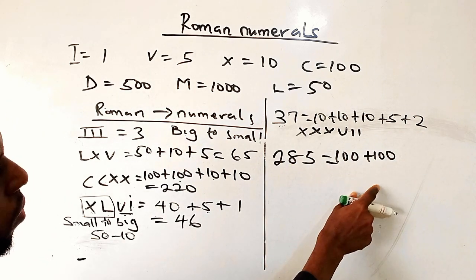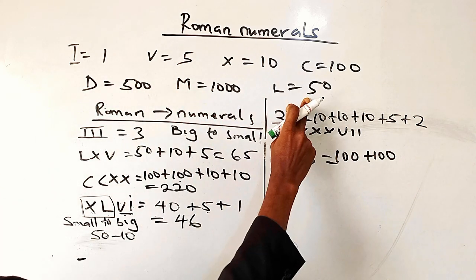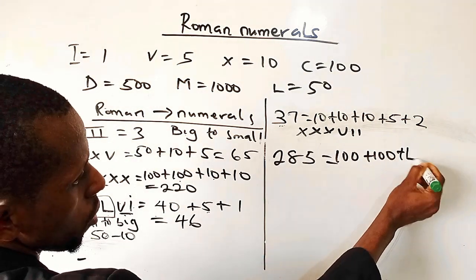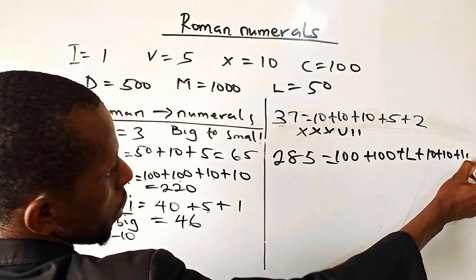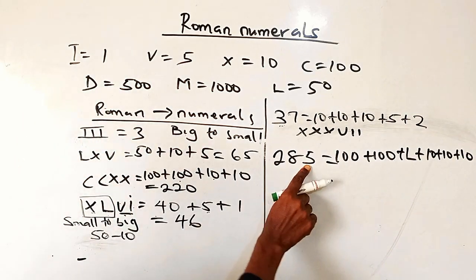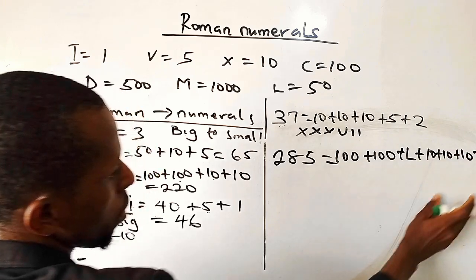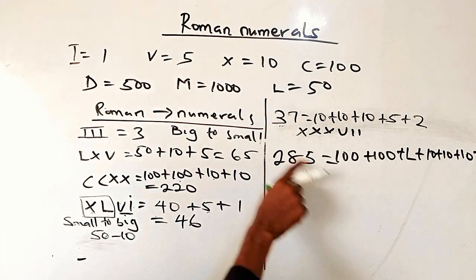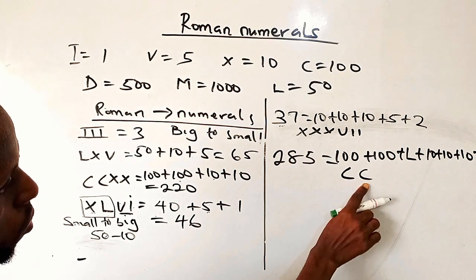For 85, I can work with 50, which is L, and add 30 to it to have 80, that is 10 plus 10 plus 10, and 5 to be V. So in Roman numerals, I have C for 100, twice, that is 200.